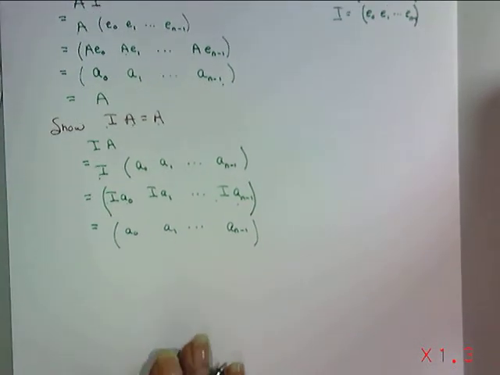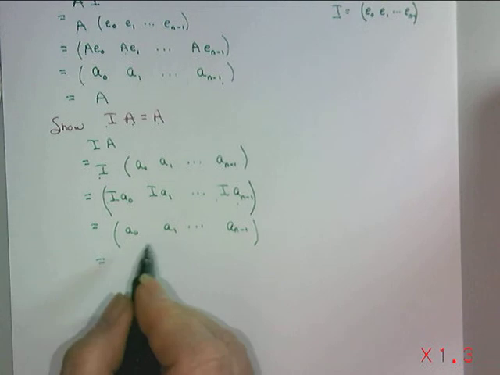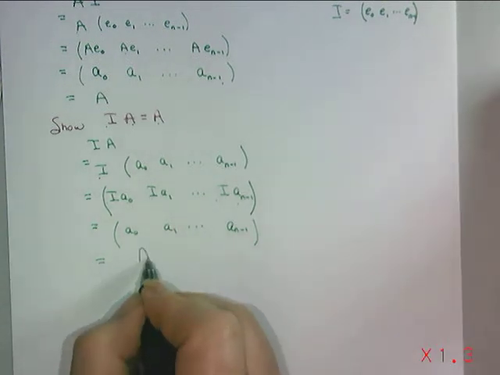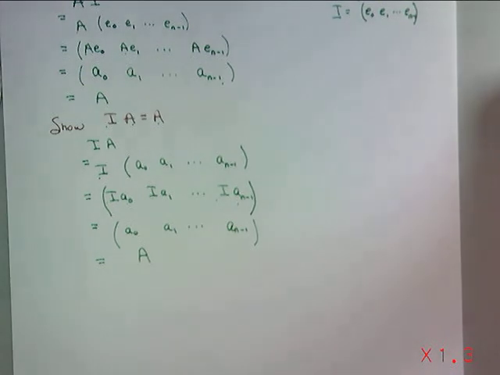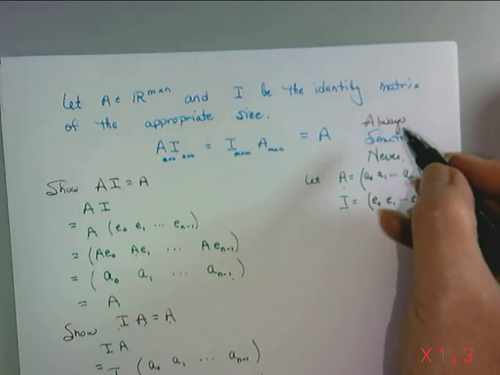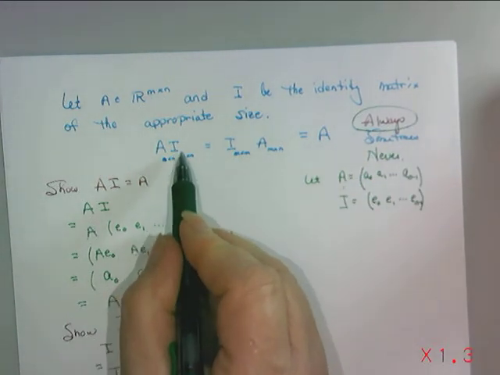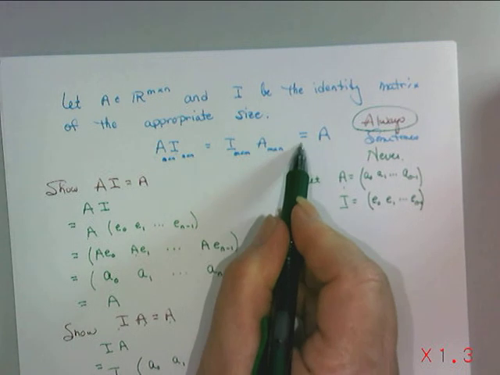But again, the result is a matrix with columns that matched the columns of A. So the result is the matrix A. Okay, we're done. That means that it is always the case that A times the identity equals the identity times A, which is equal to A.